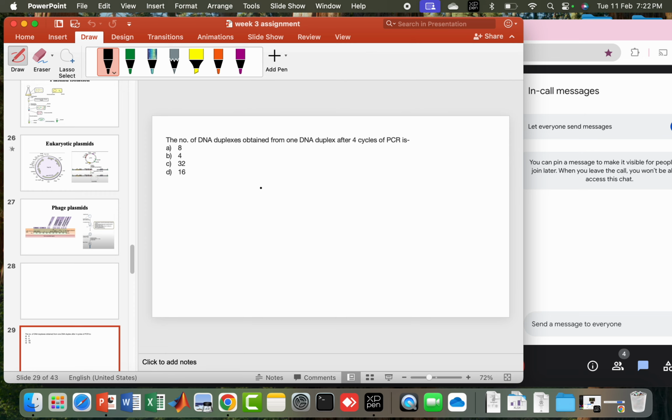You have to simply use the 2 raised to n formula. Why 2 raised to n? Because every time there will be a duplication of the fragment, so it will rise exponentially as 2 raised to n. So what is n? N is the number of cycles here. So after 4 cycles, if we start with a duplex DNA, how much will we get?